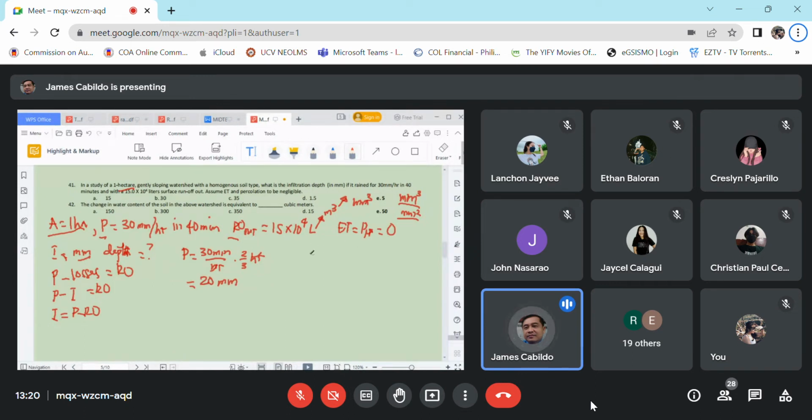So the relationship here is that depth is equal to volume over area. Now let's get the runoff. Runoff is equal to 15 times 10 to the 4th liters.